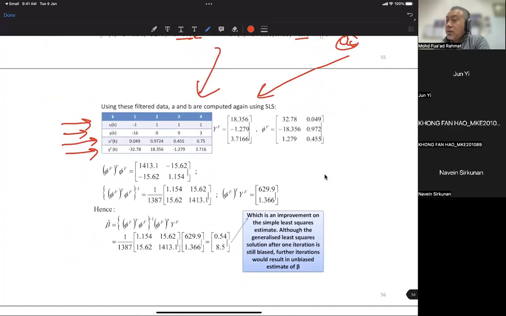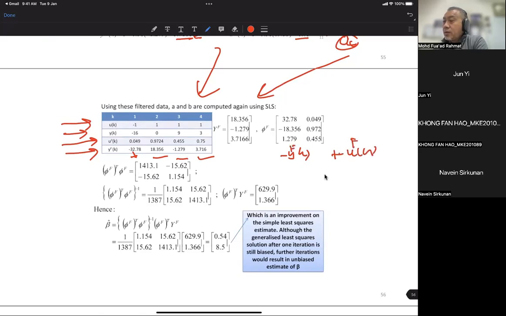From the filtered data, you construct YF, which is the first part: minus 18.36, minus 1.279, and 3.716, but under filtering. Then theta filtering is minus YK, and positive UK, but filtered.